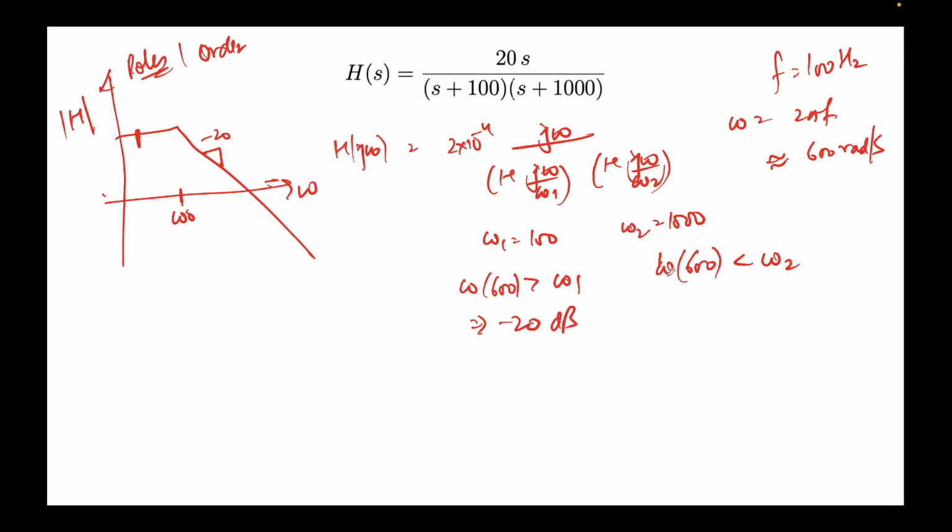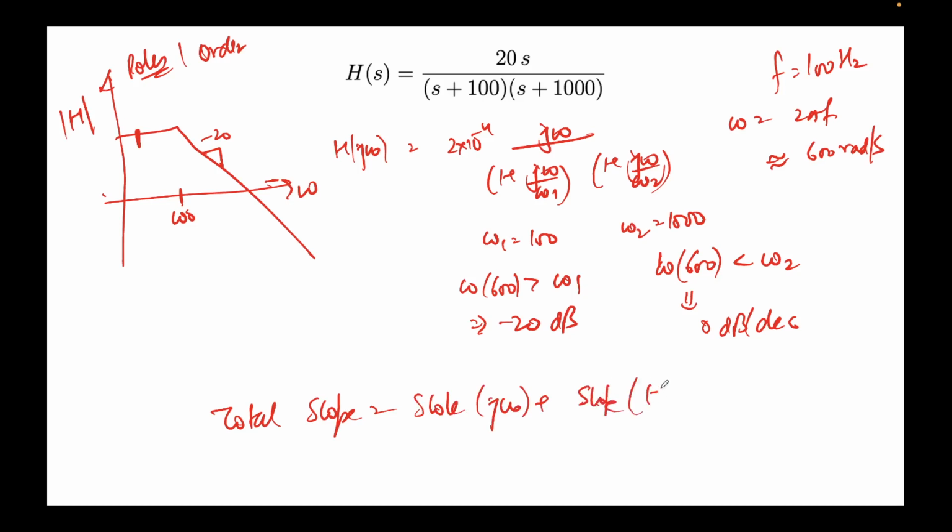So it will have 0 slope, 0 dB per decade. So what is the total slope? Total slope will be slope of j omega plus slope of 1 plus j omega by omega 1 plus that of 1 plus j omega by omega 2.